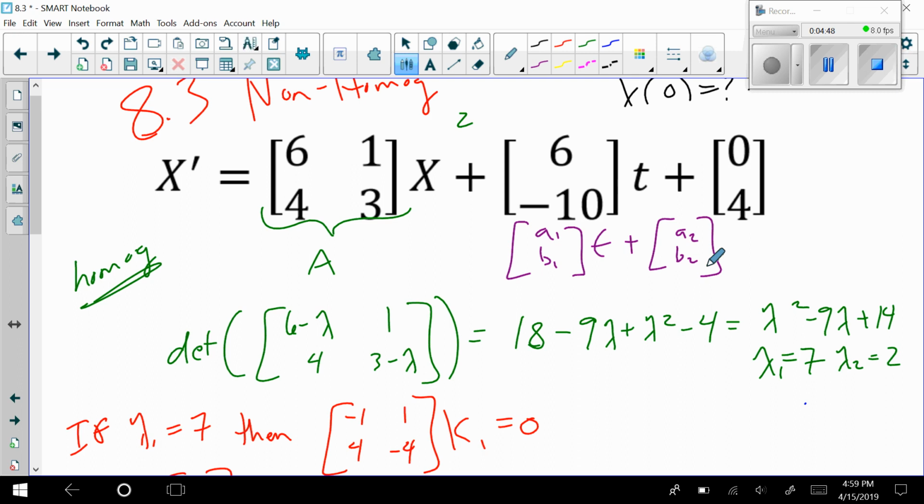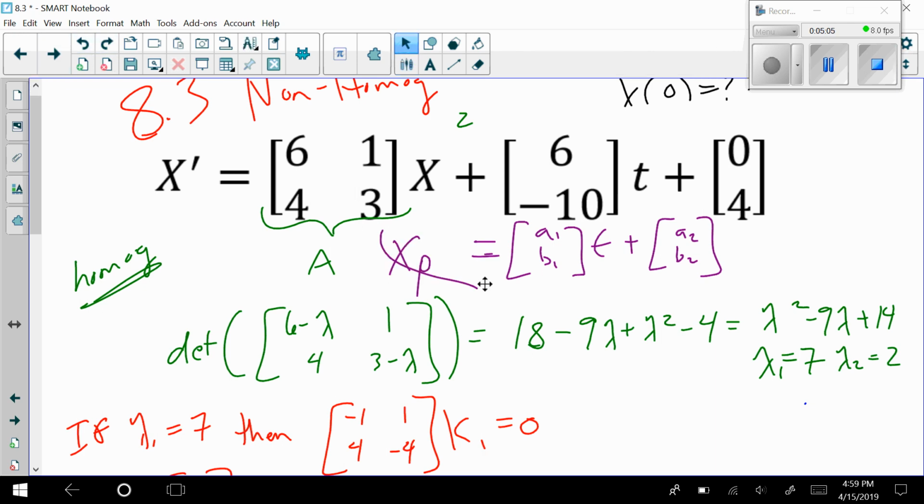And what I'm creating here is actually what I imagine my particular solution to be. That's exactly what I imagine my particular solution to be.